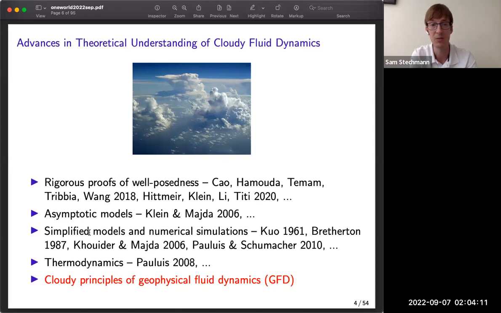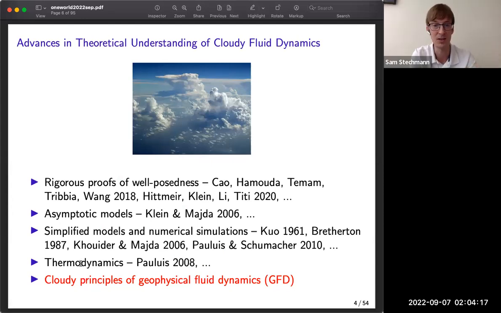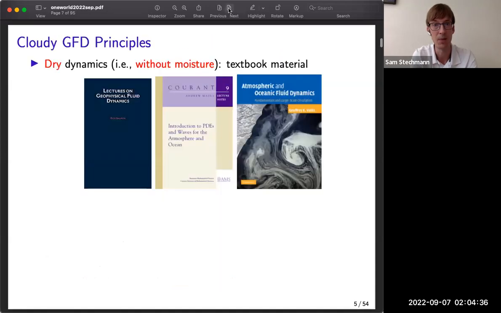There have been various types of simplified models for trying to understand clouds better, advances in our understanding of thermodynamics. I'm only listing a small subset of examples of all these. There are many other contributions. And then there's this other category, which is what I'll talk about today, where I'm trying to think about principles of geophysical fluid dynamics and think about cloudy versions of them.